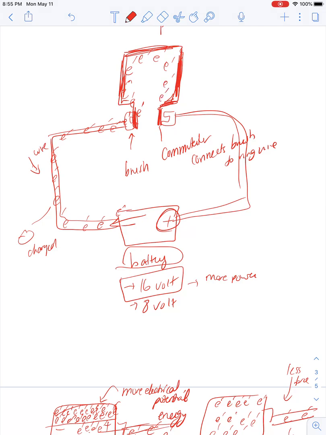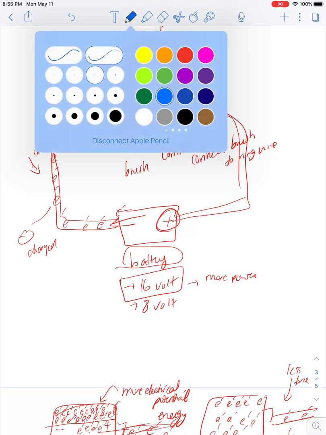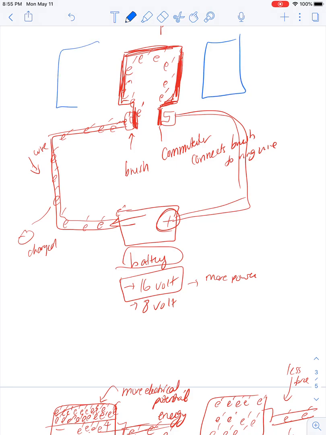And as they move, what is important to know here is that there are two magnets on either end. There's a magnet here and a magnet here. Okay, and based on my last lesson, moving electrons can create magnetism.